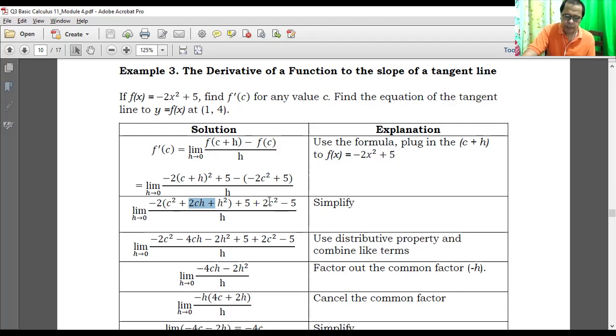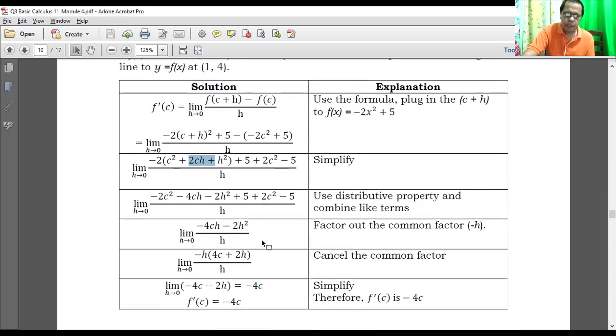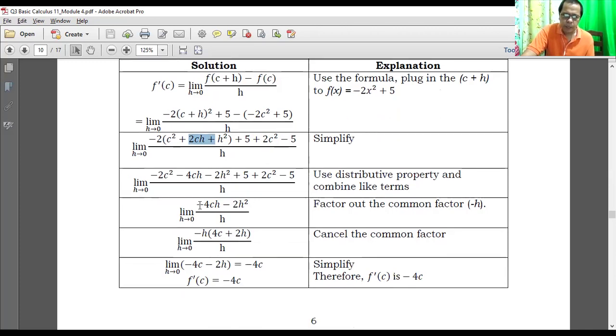So it becomes plus 2c squared and minus 5, over h still, and then combine similar terms. So negative 2c squared and positive 2c squared cancel. The 5 and negative 5 cancel. And what remains is negative 4ch minus 2h squared.